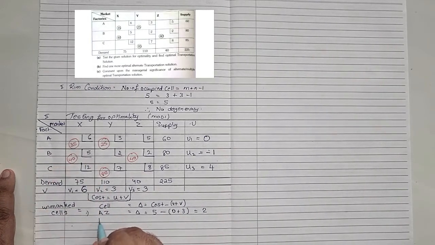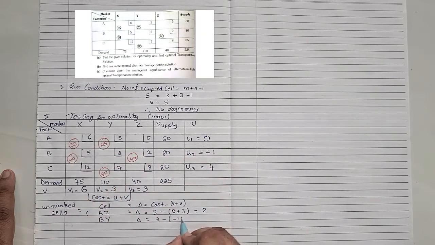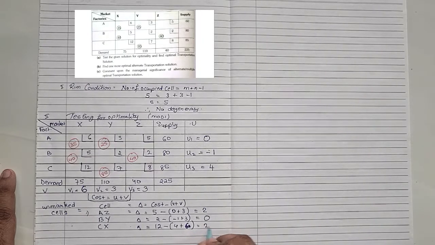Next unmarked is BY, where the change is cost 2 minus -1 plus V which is 3. So that becomes 2 minus 2, which is 0. Next is CX, where the change is 12 minus 4 plus 6, which is 4 plus 6, which is 10. So 12 minus 10 is 2.